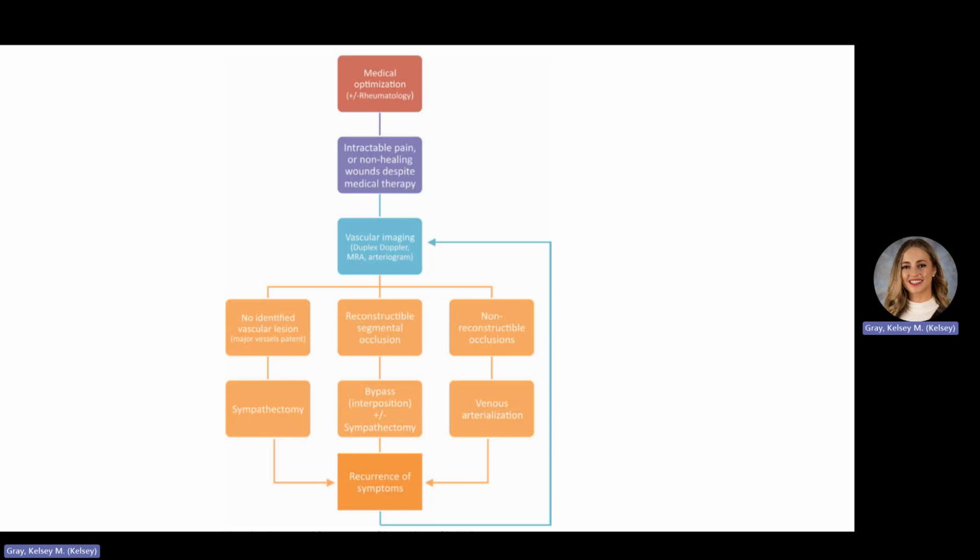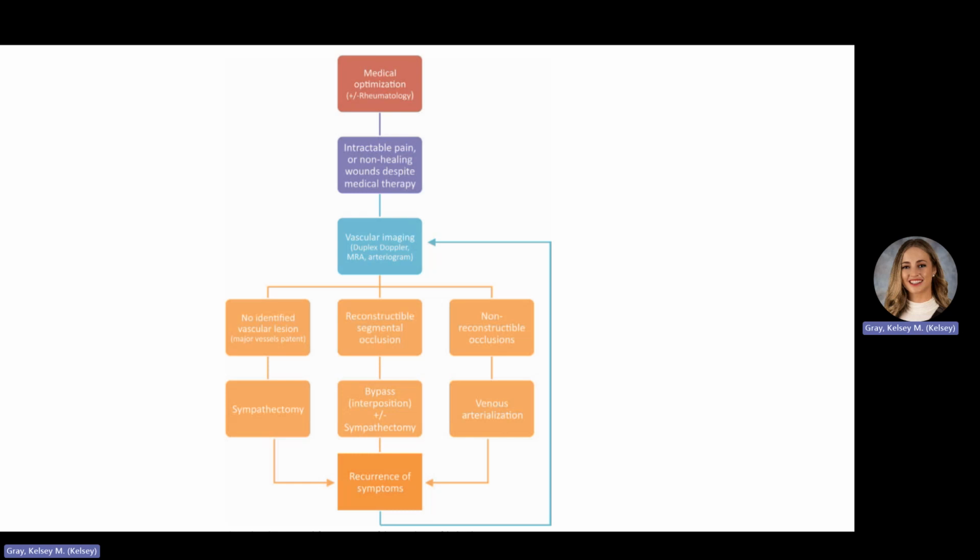When conservative measures such as medical optimization and rheumatologic treatment fail to improve chronic hand ischemia, resulting in intractable pain or non-healing wound despite the medical therapy, surgical intervention is an effective last-line treatment.